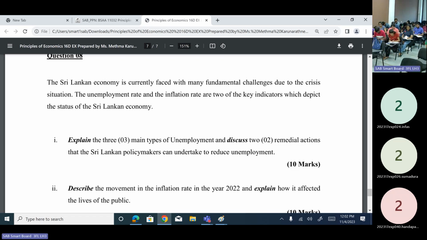Within brackets, you can write down earning opportunities decline. Second one, consumption had to be limited or switched to other alternatives.